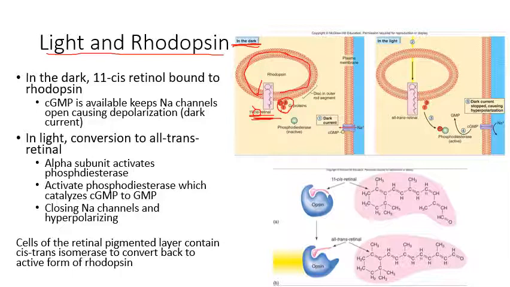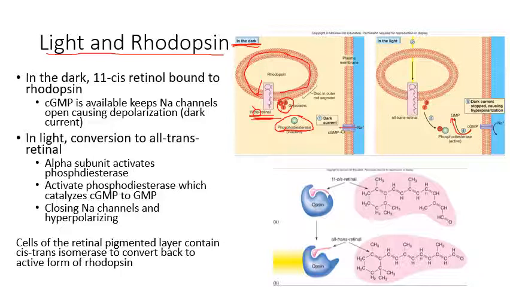In the dark, in the cis, the G proteins are not activated. And the enzyme phosphodiesterase is inactive, because to get this enzyme active, I need to have the G proteins activated. What phosphodiesterase does is, you can see, it takes cyclic GMP and turns it into GMP.